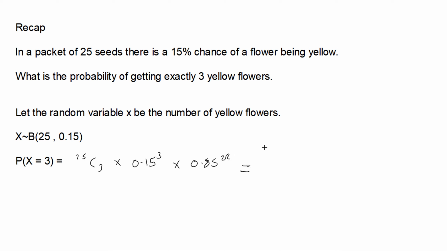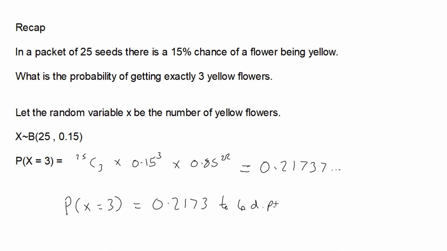And that equals 0.21737 with a load of other stuff after that. So we can say the probability of X equaling 3 is equal to 0.2173 to 4 decimal places.